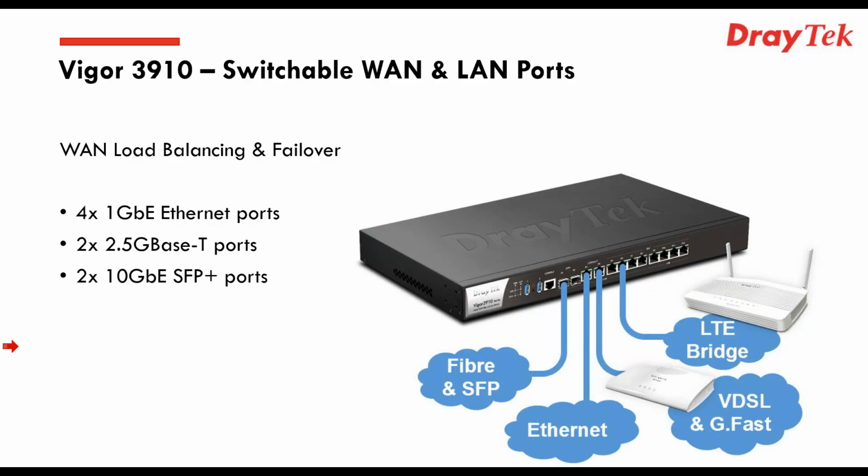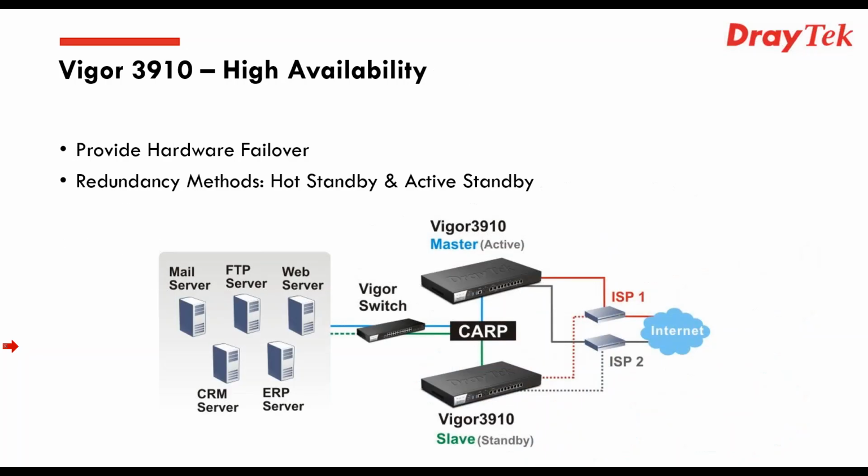So this is talking here about load balancing and failover. So obviously that's what Draytek are great for providing there, business continuity across those WAN connections. Also we have the option of not only WAN failover, but we can obviously provide hardware failover configuration as well. So using 2 Vigor 3910s in a master-slave configuration here, in this network setup, we can have one device there, that standby unit, detecting the status of the current master Vigor 3910.